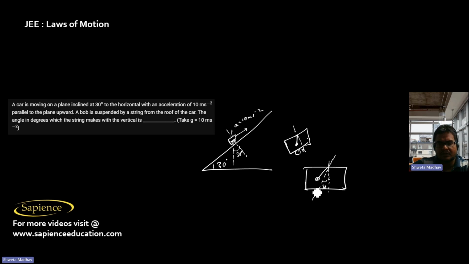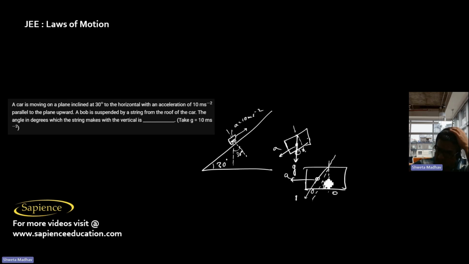This is the vertical line. Then here g is acting vertically downwards, and the pseudo force will act backwards. The pseudo force is acting like this, and g is acting like this.